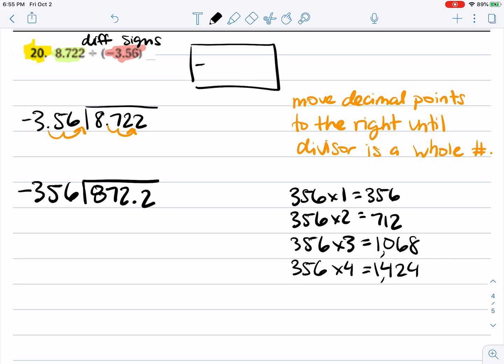Well, let's do one more just in case. 356 times 5 is 1,780. Okay, I think that might be enough, but we'll see.